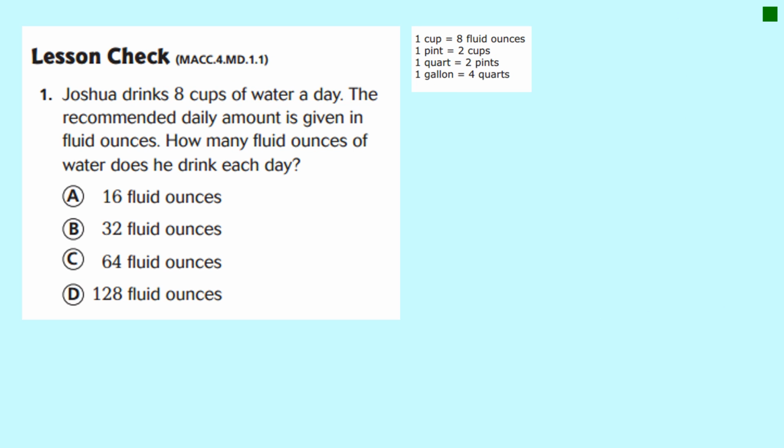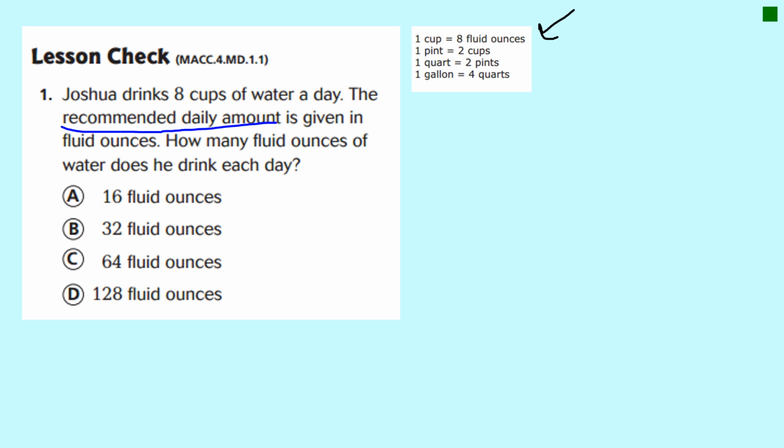All right, turn your paper over. This is on the back. Joshua drinks 8 cups of water a day. The recommended daily amount is given in fluid ounces. How many fluid ounces of water does he drink each day? Now, here's what they mean by the recommended daily amount.